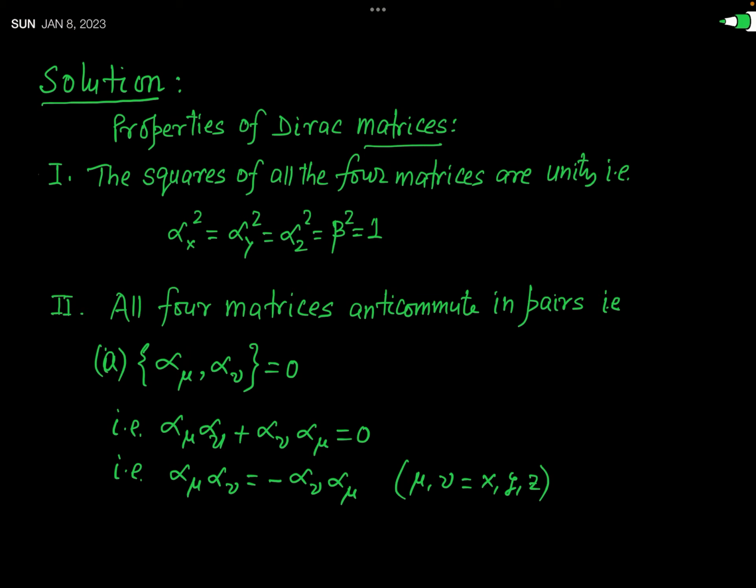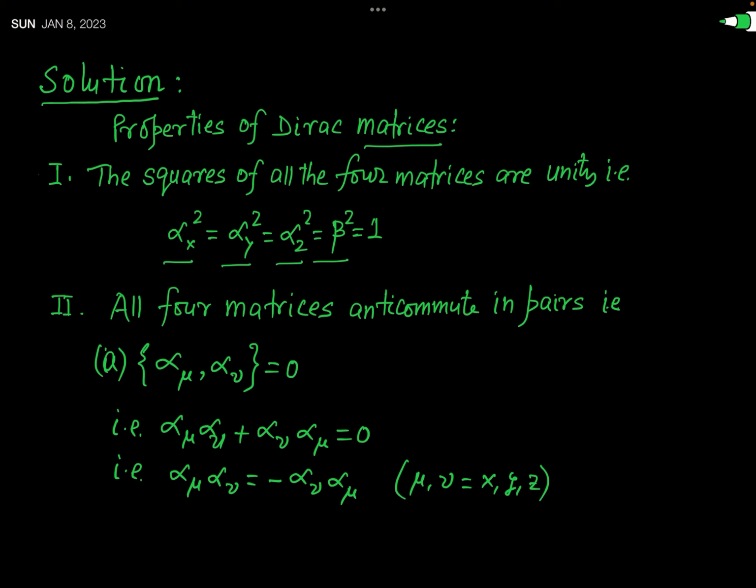You have seen that all four Dirac matrices alpha x, alpha y, alpha z, and beta, when squared, have values equal to 1. That is, alpha x square equals alpha y square equals alpha z square equals beta square equals 1. We have seen this property earlier.